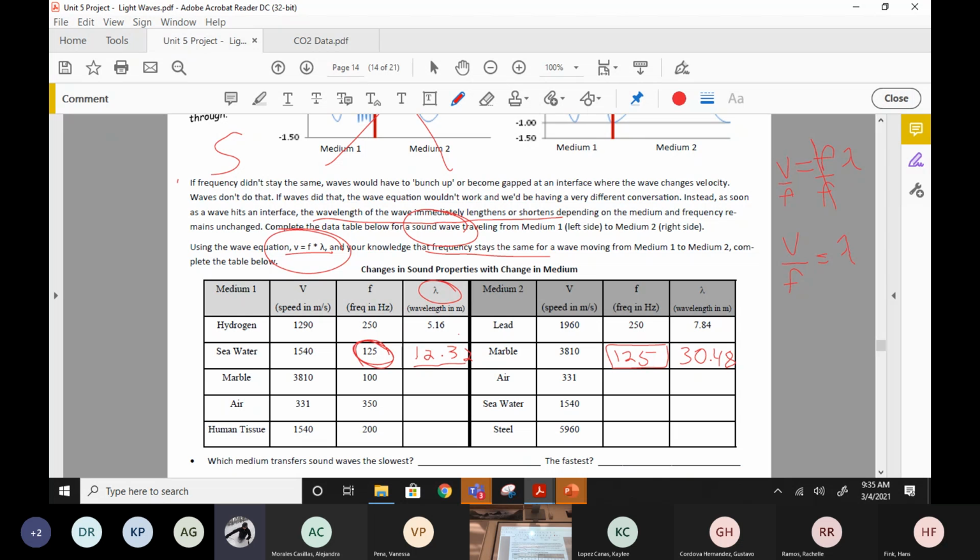That's a question for air being practiced. Yes, divided by 100, 3,800, yeah. Oh, wait, I wasn't looking at the right one, actually. Which one did you get? Air. 331. We get less than one? 350.